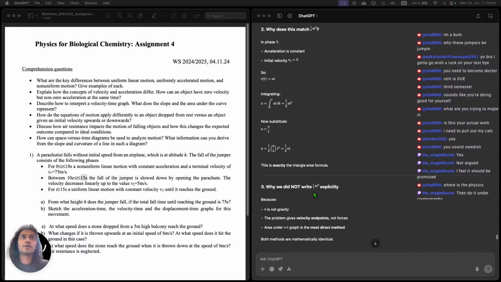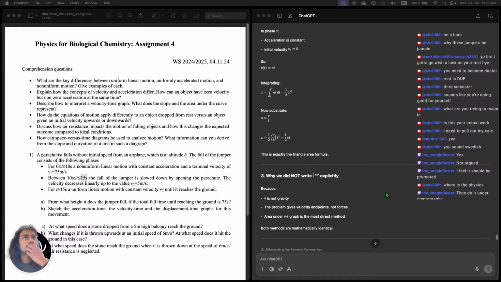Why do we not write half AT square explicitly? Half VT, that's the first time I'm hearing that equation. Am I just stupid, or what am I missing? Why are we ignoring acceleration here?